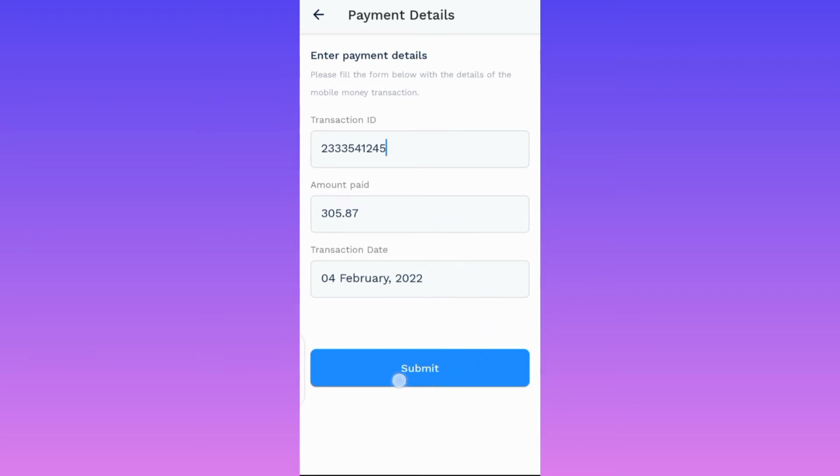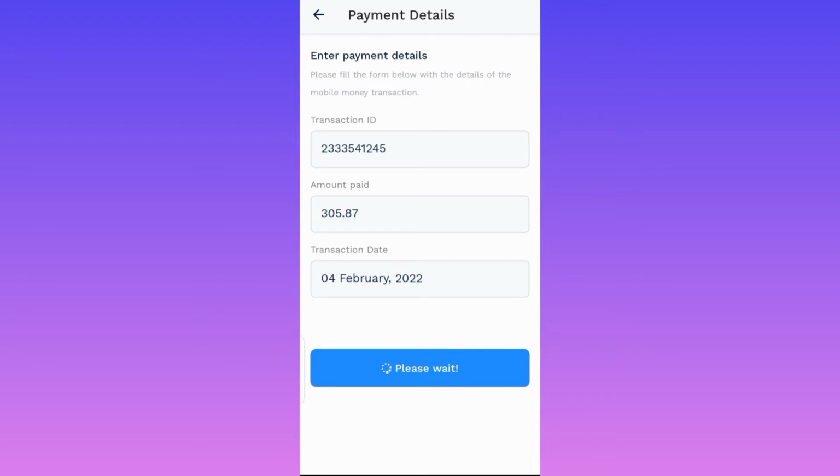If I were to really do the payment or transfer the mobile money, I'll put my real transaction ID here and then click on submit. After clicking on submit, that's all. You are done with payplux. Payplux will send you the Bitcoin within 5 minutes.